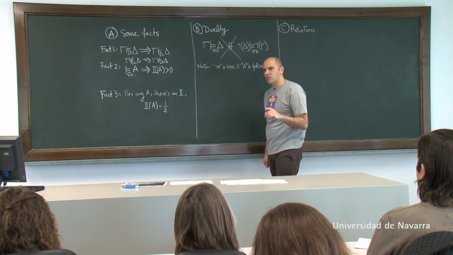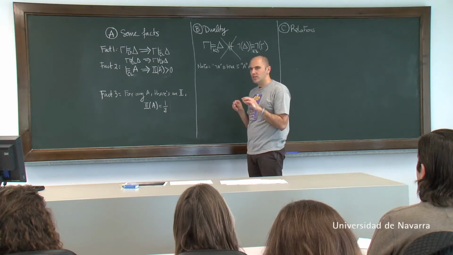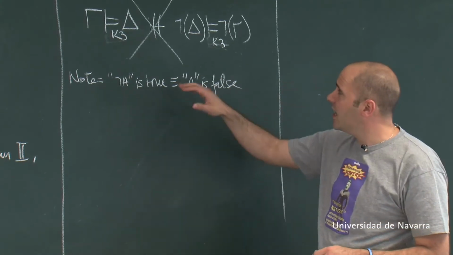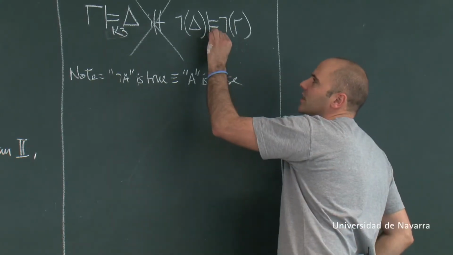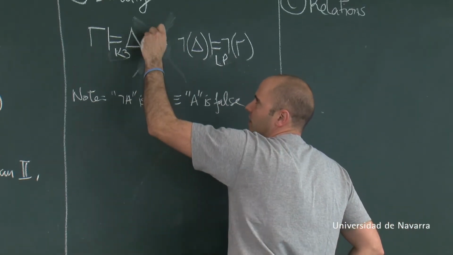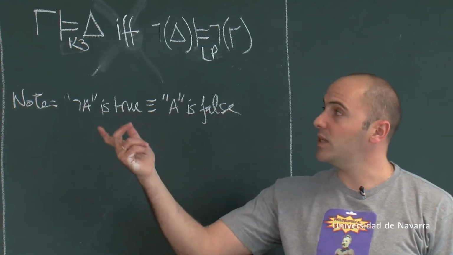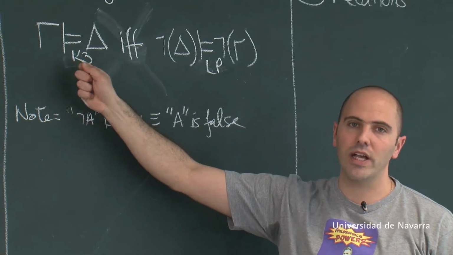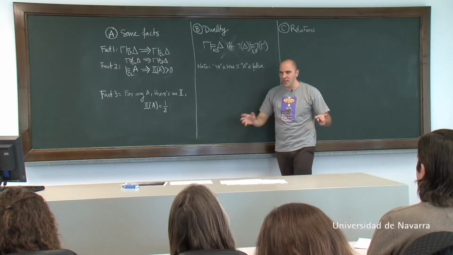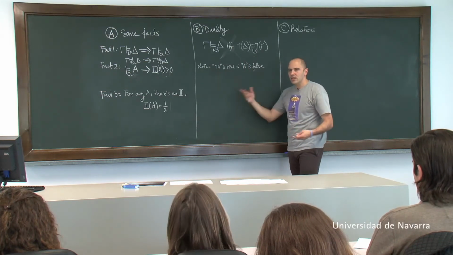However, and this is something you should try, reading the notes and working it out yourself, you should take some acquaintance, some affinity with this idea: K3 and LP are each other's dual, right? So the duality in the case of K3 and LP does not hold between K3 and itself or LP and itself, but between K3 and LP, right? Now with this in our hands, we can state the relations between classical logic, LP, and K3.